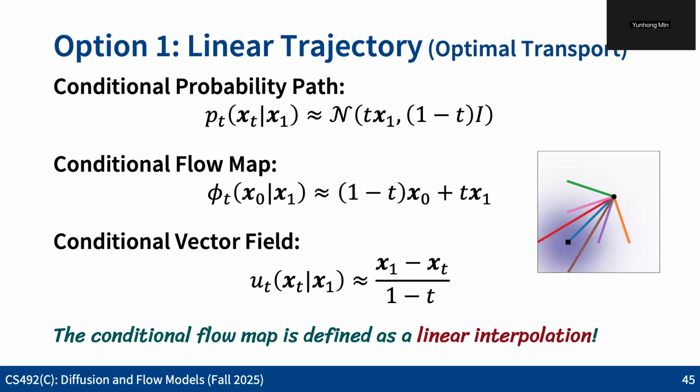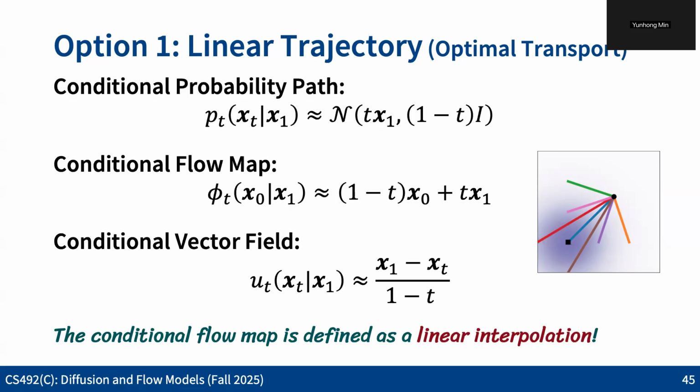Makes sense, right? And also the probability path is defined in that way, and the vector field is defined as the vector on that straight line. That's very obvious, right?